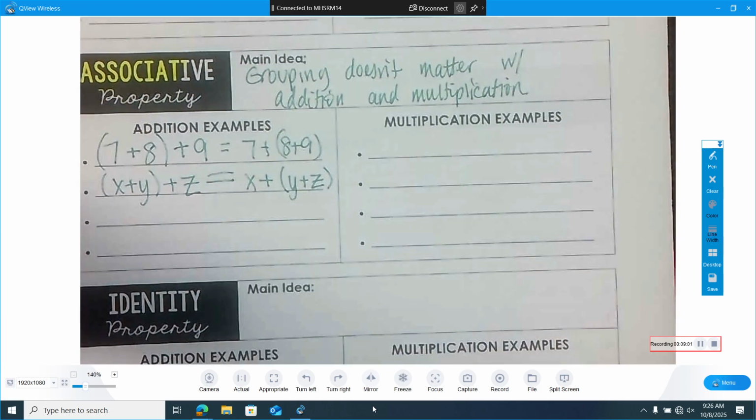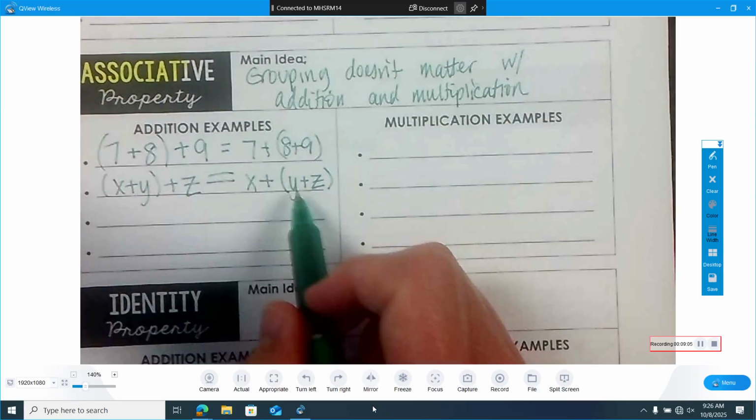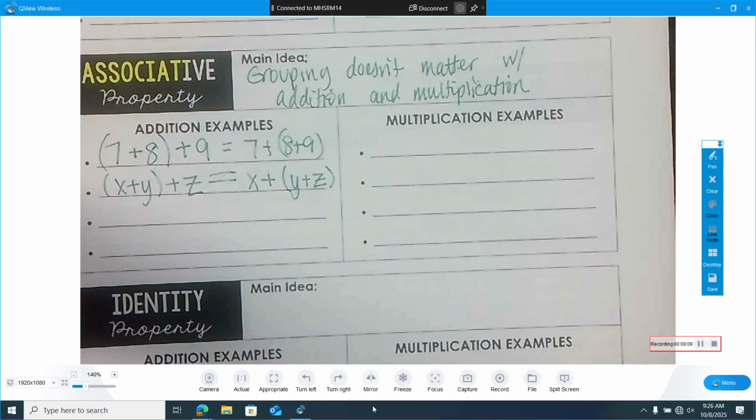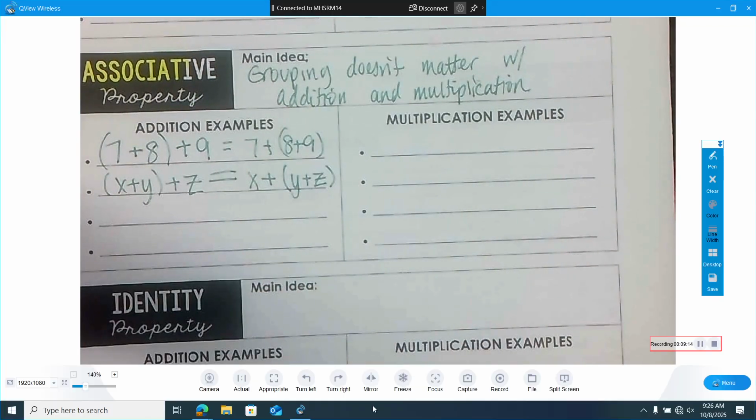So again, I can represent things just using letters instead of numbers. It means the same thing if I add the y and z together first and then add in the x. I'm going to get the same result. Doesn't matter who I group, okay?